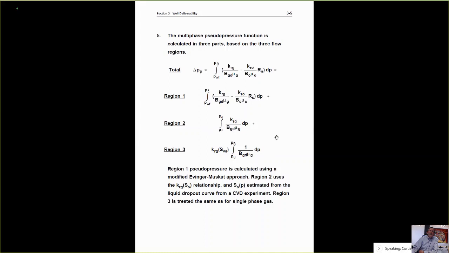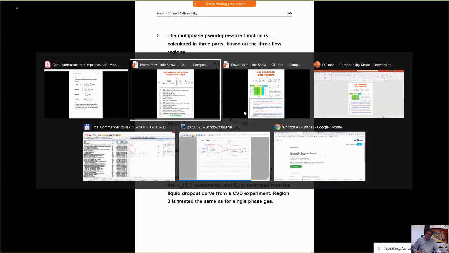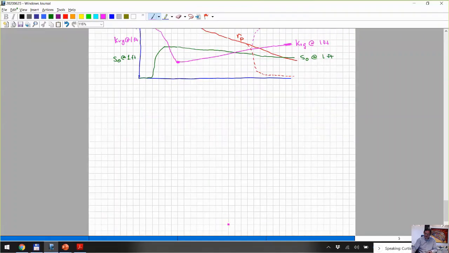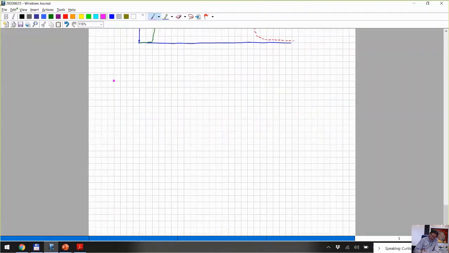What we have not talked about yet is region 2, the KRG in region 2. So let's do that. Region 2, well, we talked very briefly about it. Region 2 gas mobility.